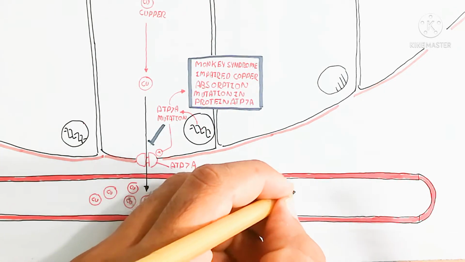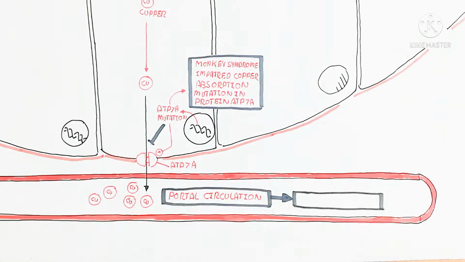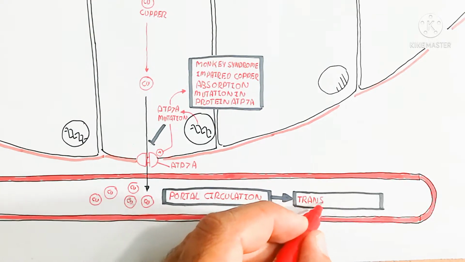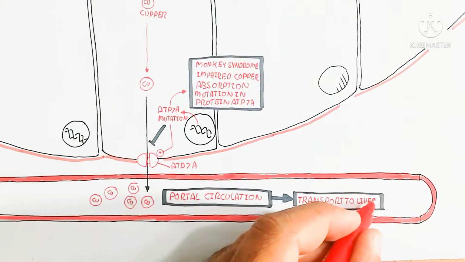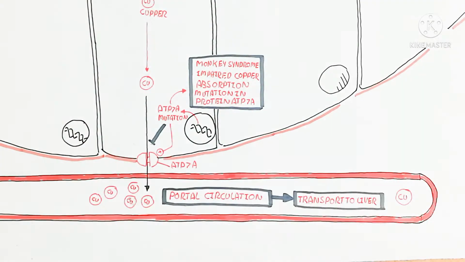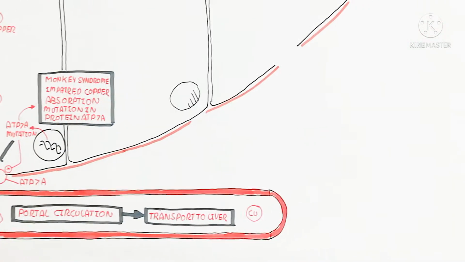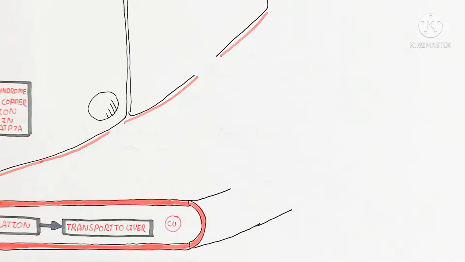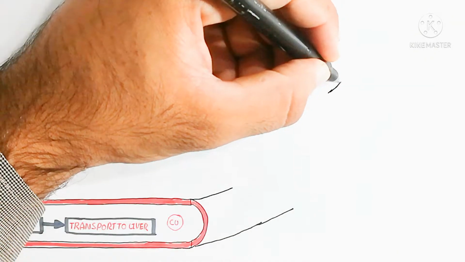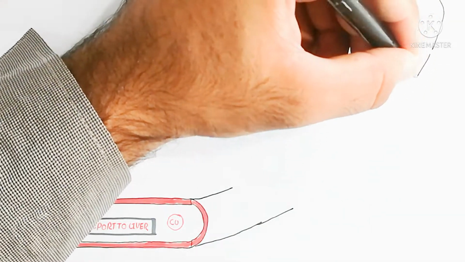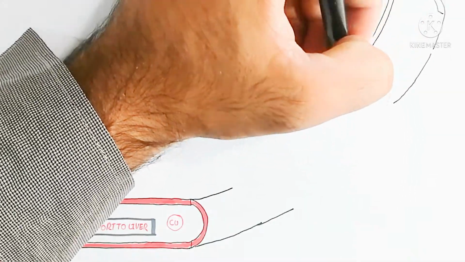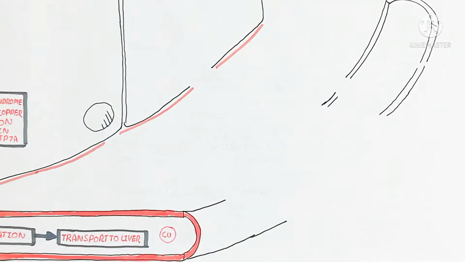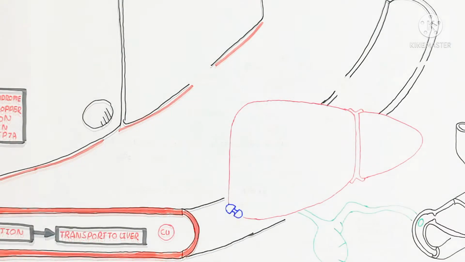When copper moves into the blood vessel, it first moves through the portal circulation and is transported to the liver. The copper is transported to the liver through copper transporter channel 1.